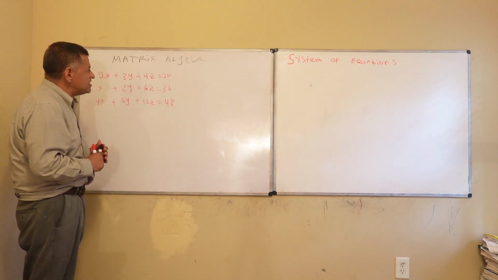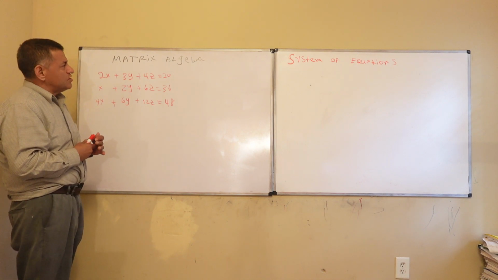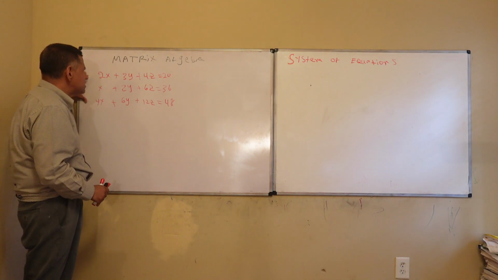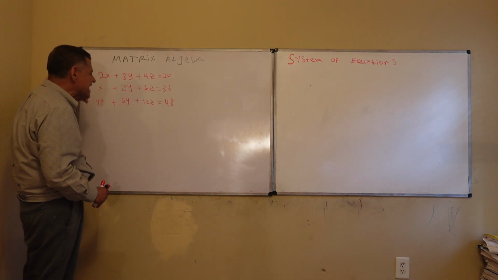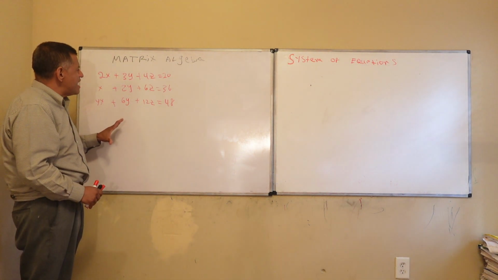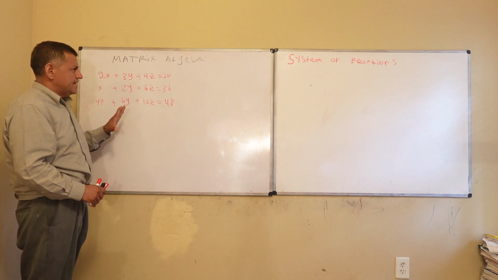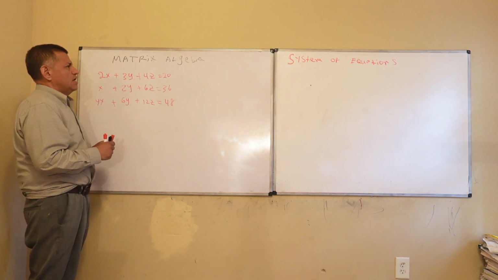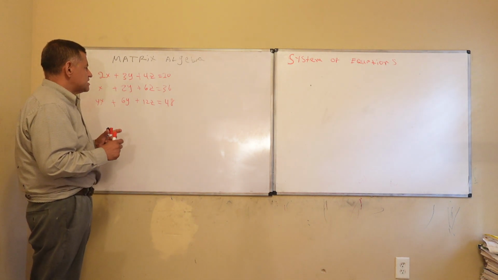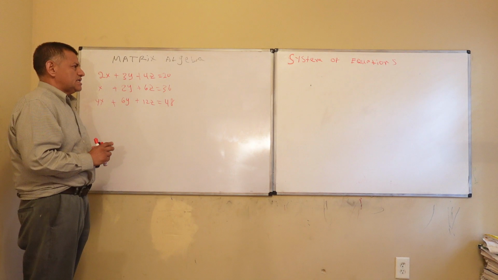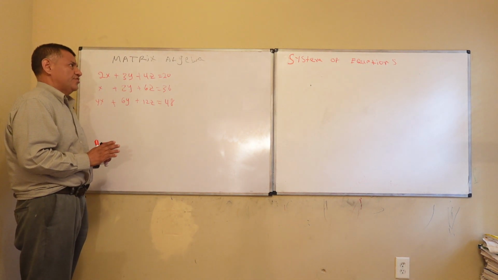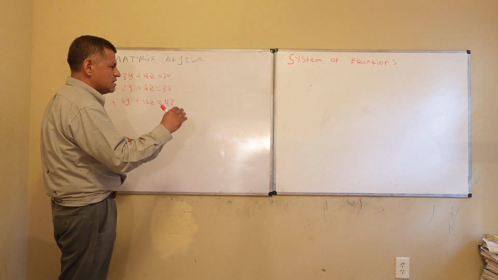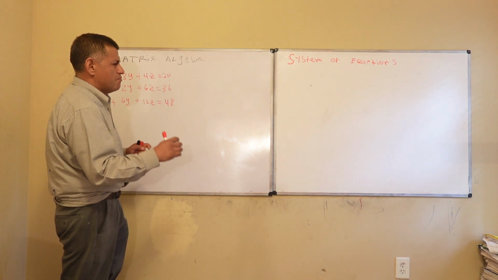Now, let's start with two different methods. One method is called Gaussian elimination, and the other method is called row echelon. The row echelon method is basically another method that is sometimes used in more advanced topics of mathematics.